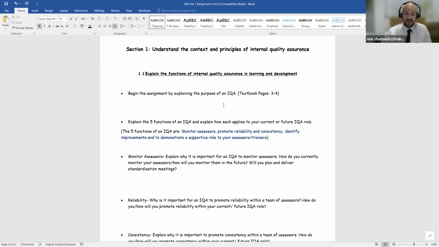Where you have a team of teachers, assessors, trainers, there's going to be different teaching styles delivered, different interpretation of standards and criteria. So you, as an IQA, are there to ensure that all teachers and trainers are interpreting policy procedures consistently as well.